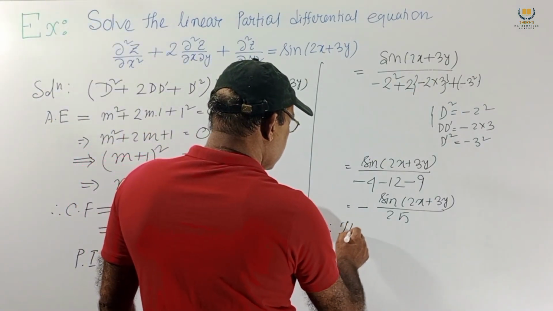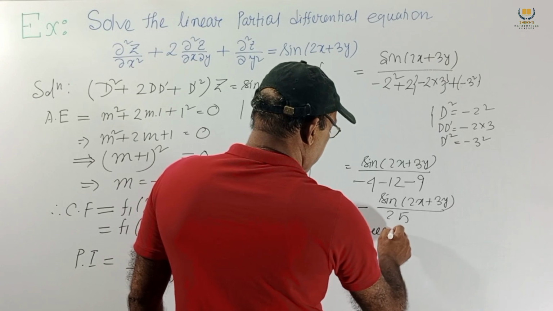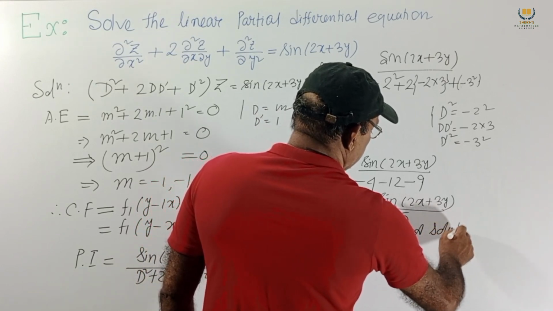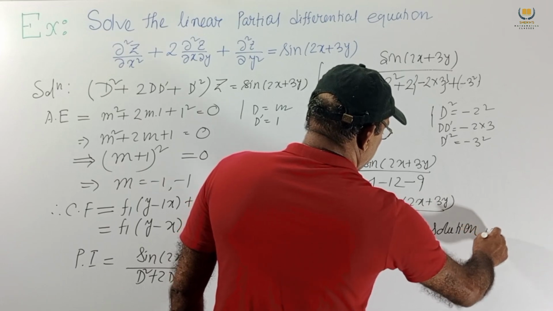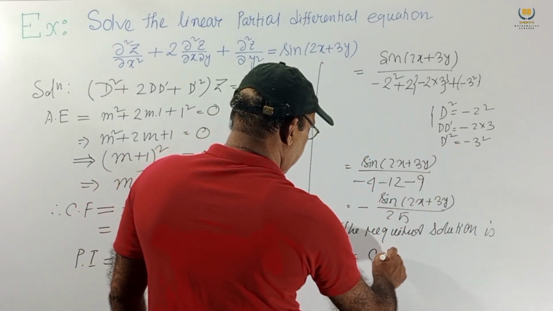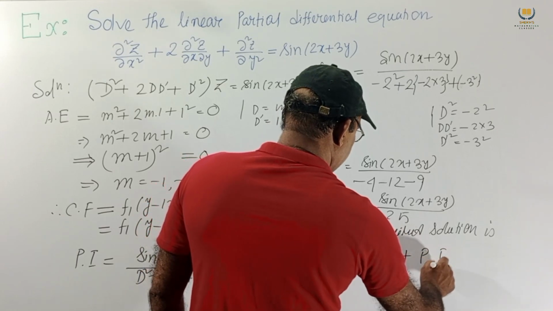Therefore, the required solution is z = CF + PI.